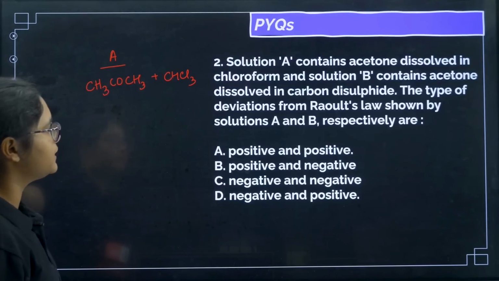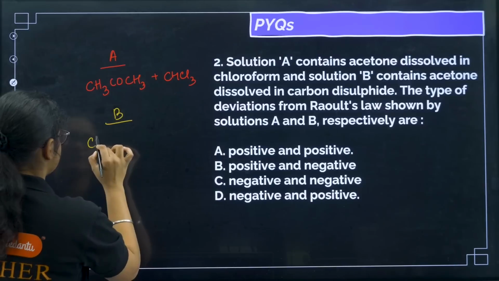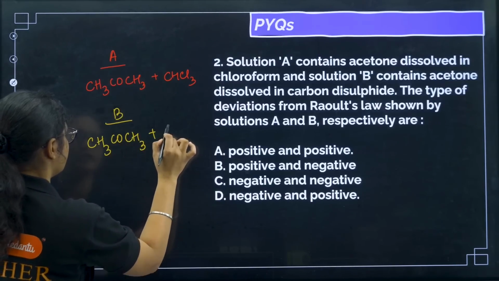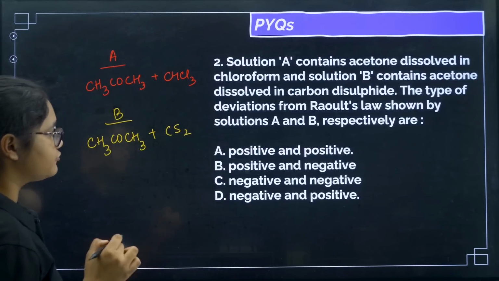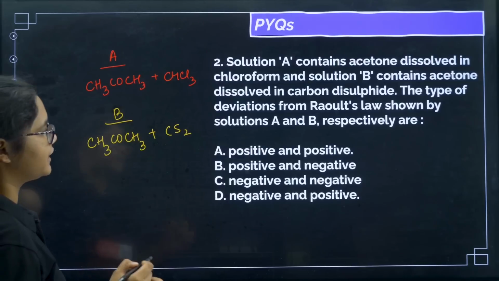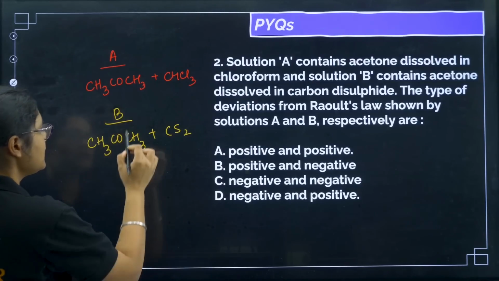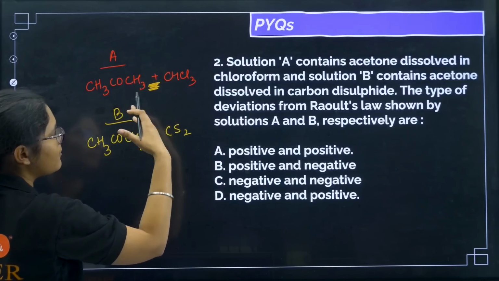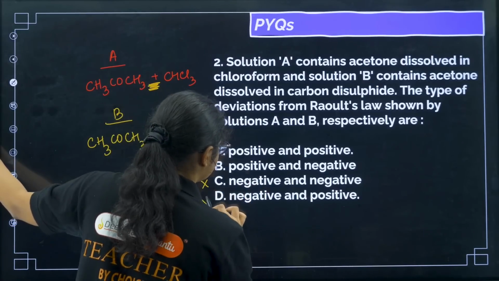Next, solution B contains acetone dissolved in carbon disulfide. The types of deviation from Raoult's law shown by solutions A and B are respectively? So here what happens? There is more interaction here, right? So if it is more interaction, we get a positive deviation here. So that will be positive. So I can eliminate these two options.